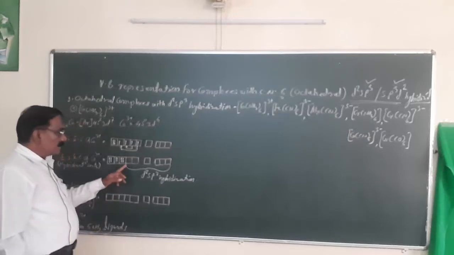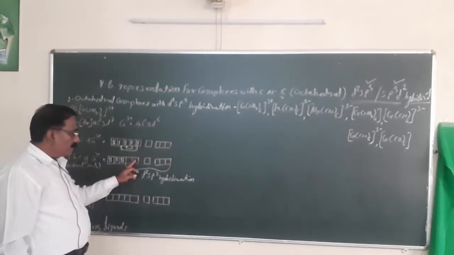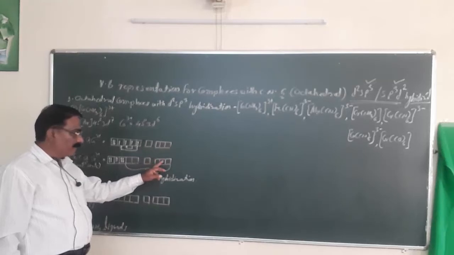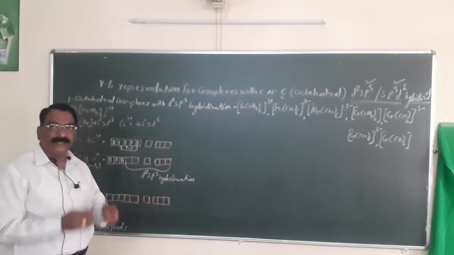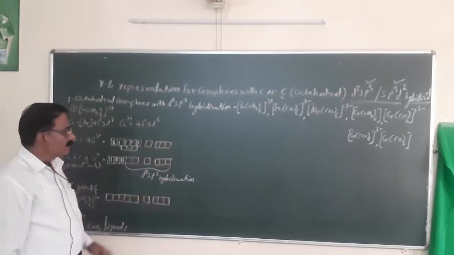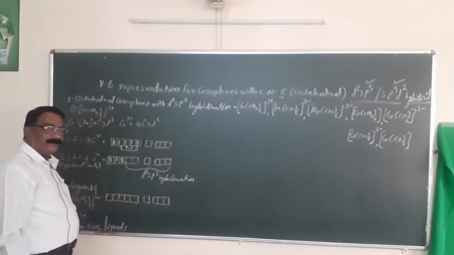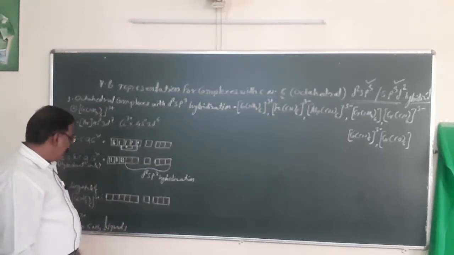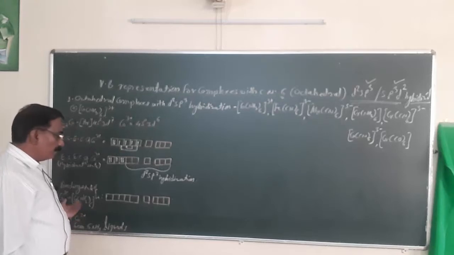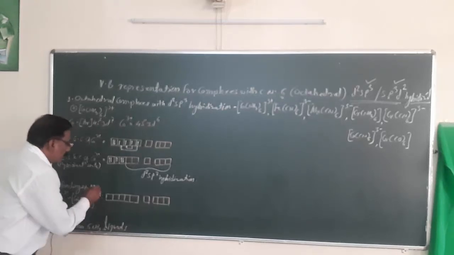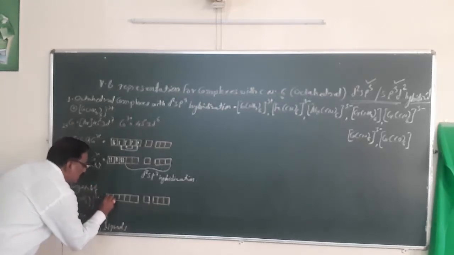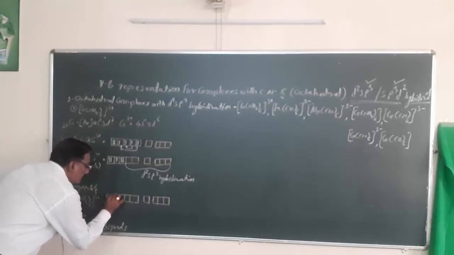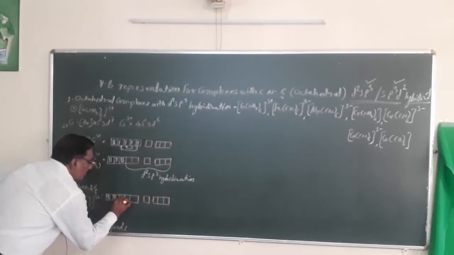In that, the first ligand, second ligand, third ligand, fourth ligand, fifth ligand and sixth ligand can donate electrons to the central cobalt ion, and we have the bonding state. In the bonding state, the arrow indicates the electrons of the cobalt and the cross indicates the electrons from the ligand.